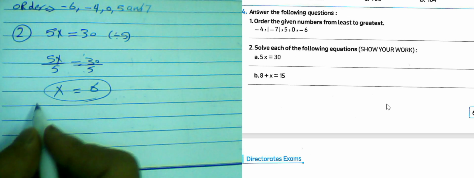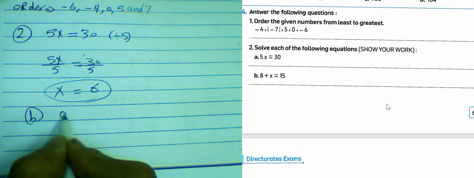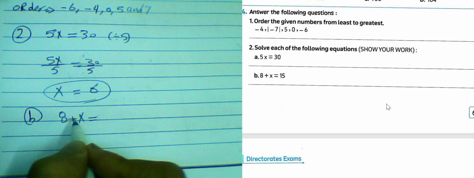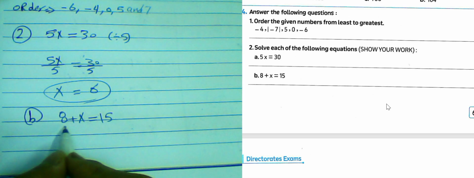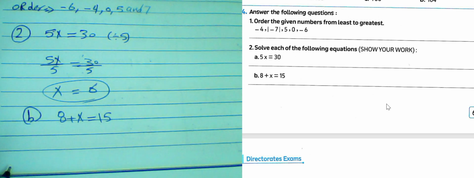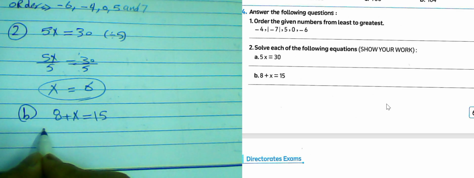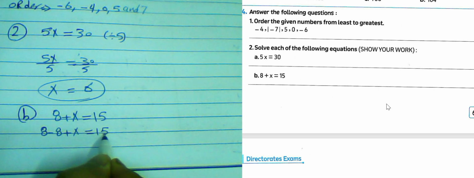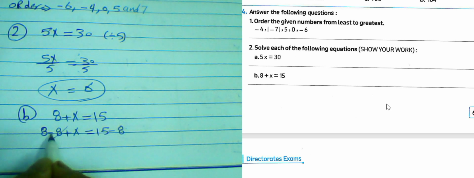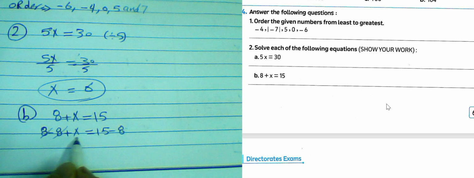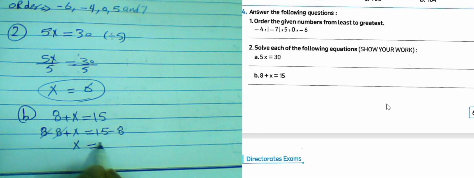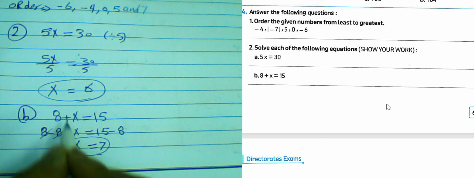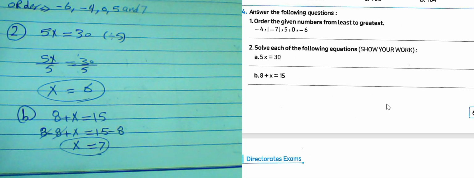And what about equation letter B? 8 plus x equals 15. We must cancel 8 by 8. The additive inverse of 8 will be -8. 8 minus 8 plus x equals 15 minus 8. We can cancel the two numbers. Then 0 plus x will be x. x equals 15 minus 8 equals 7. Then the solutions here are x equals 7 and x equals 6. Next question.